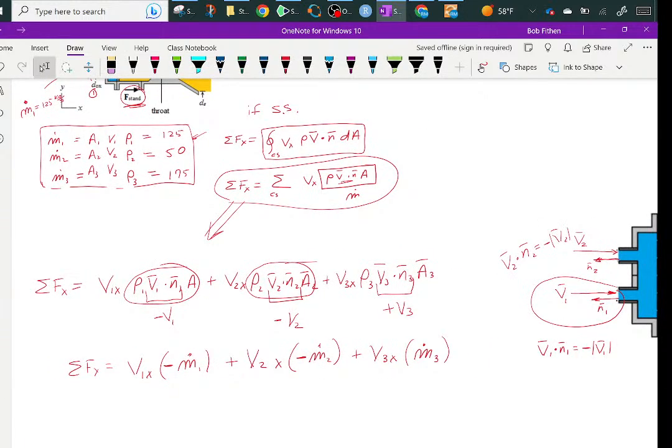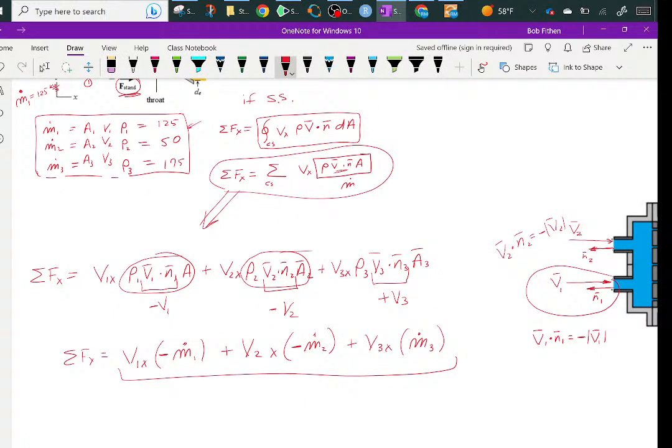Now, we haven't addressed the forces yet, but we've addressed those things, but I'm left with the requirement that I need to find V, because he gave me this, he gave me that, I found that, so I need to find the V. So I'm going to address that now. V1x equal to what?